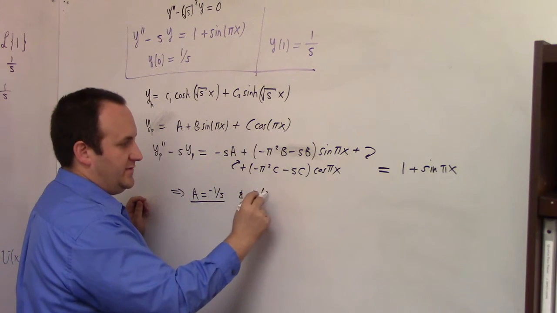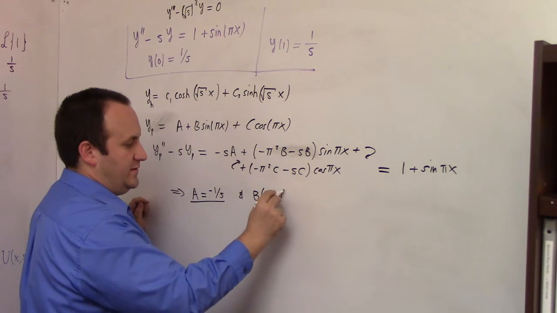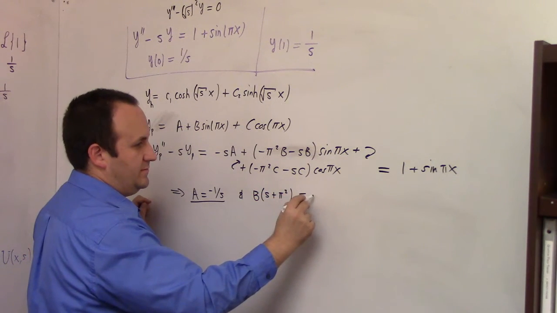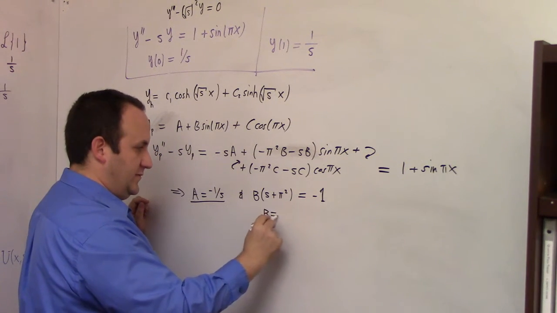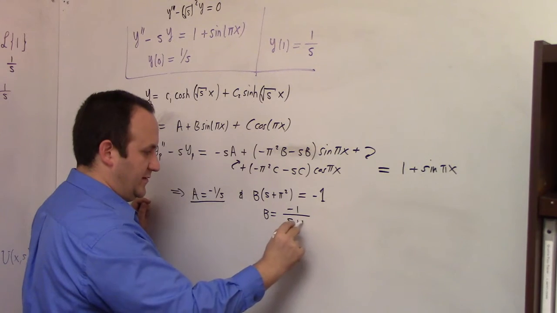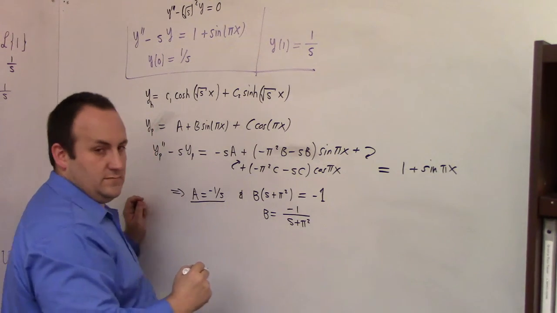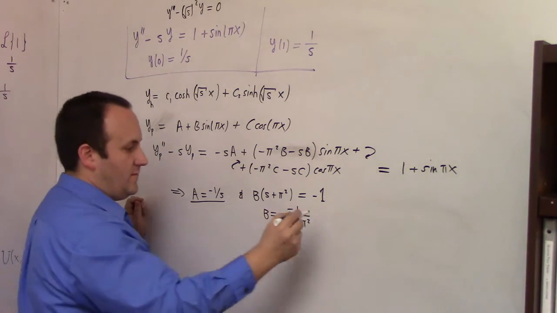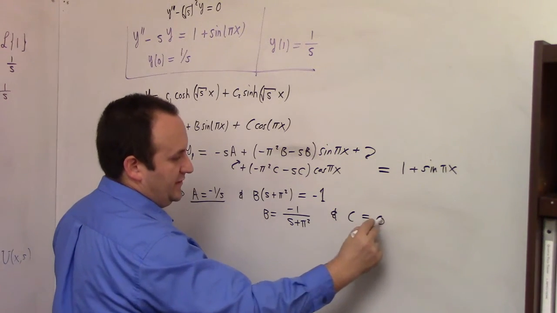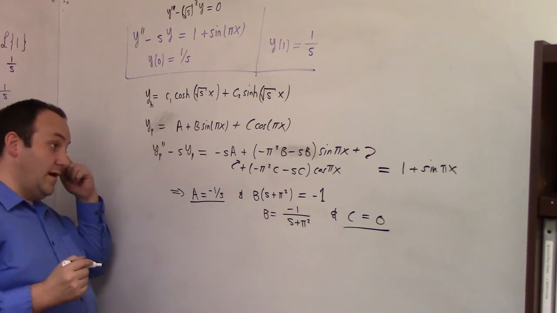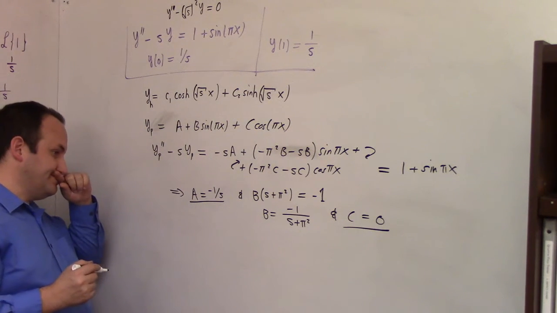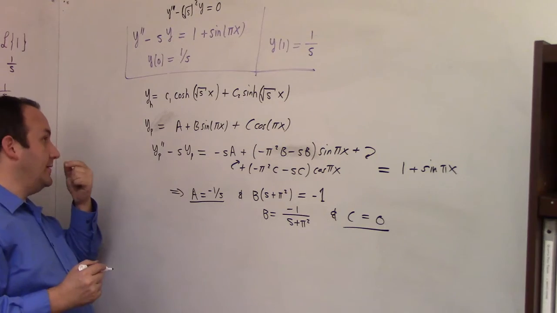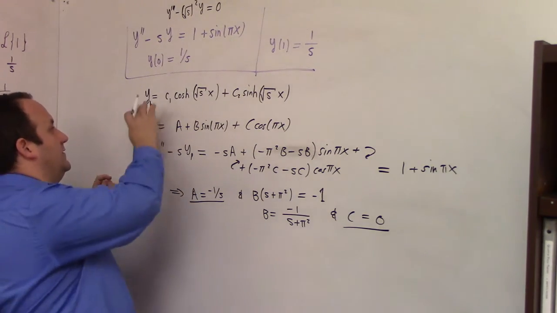So b times s plus pi squared equals minus 1, right? That's not going to be hard to solve. So b is equal to minus 1 over s plus pi squared, and c is equal to 0. Right? That's a particular.